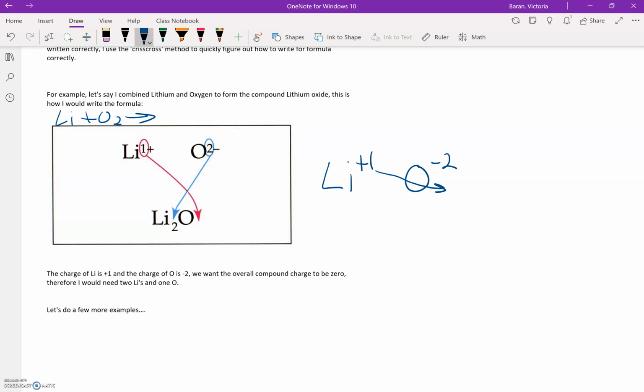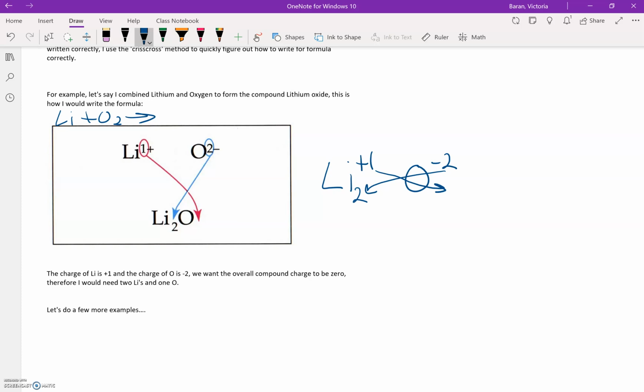Now it's just the number, it's not the charge itself. Now in chemistry, we don't write the 1s, so that's why the 1 is not shown here, because you already know there's 1 oxygen there. And then the 2 from the charge on the oxygen becomes the subscript for the lithium. So this 2 would go here. That's why the formula is Li2O.